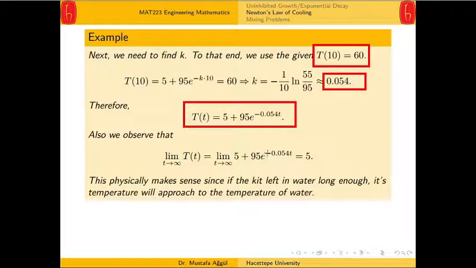So this part goes away and we end up with 5. This means if we sink the kit in the water and wait long enough, its temperature will approach the temperature of the water, and this is what we expect from the physics perspective of the problem. So this makes sense.